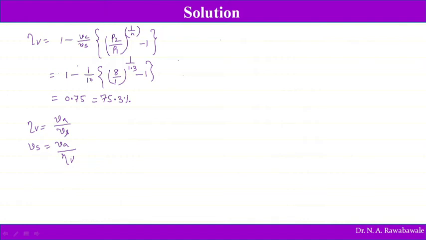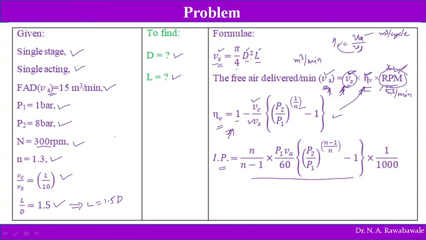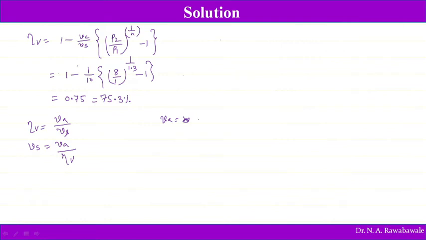But Va, which is given in this problem, is 15 meter cube per minute.